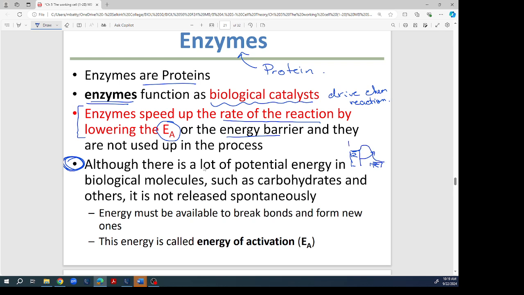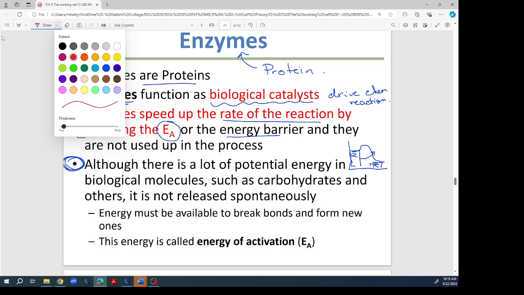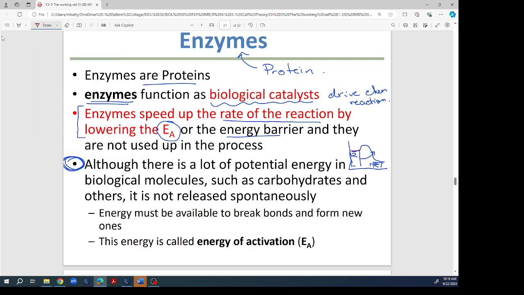And so sometimes there's this idea of a toll to pay. You know, they say sometimes you have to spend money to make money. The same thing is true with chemical reactions. There is a bit of a barrier or an energy of activation. This is the toll you have to pay. This is the money you have to spend in order to make the money, right?